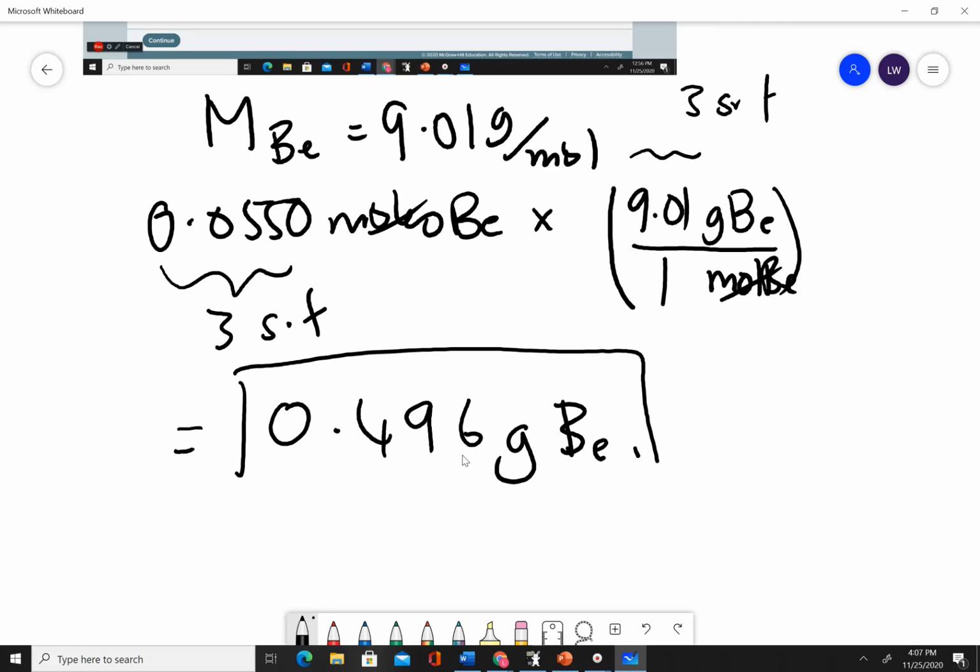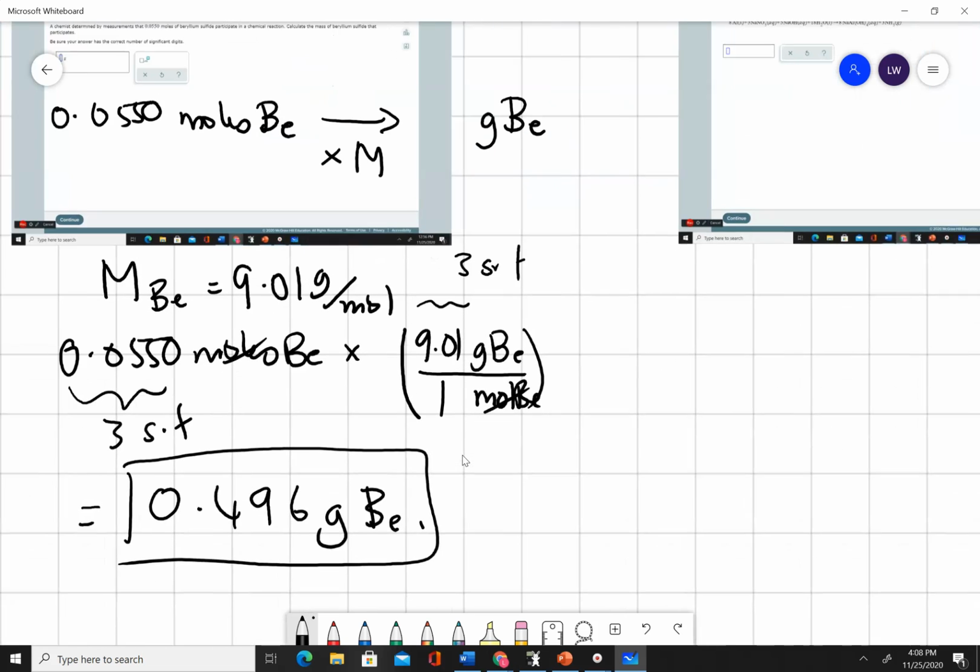There you go. Okay, so we were about right. You know, 0.1 mole, a tenth of a gram, would be about 0.9 grams. And we've got about a half of that, so it should be about 0.5. It's perfect.